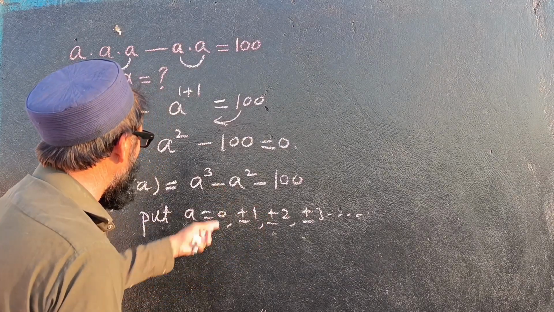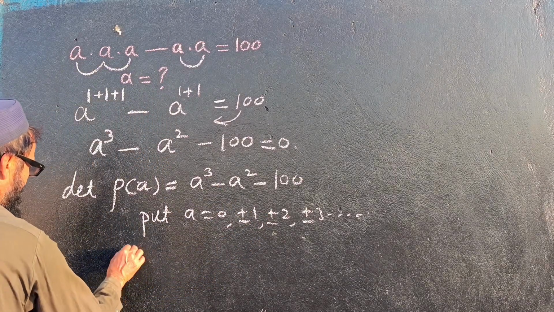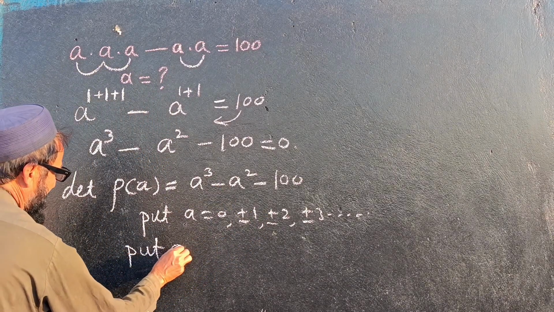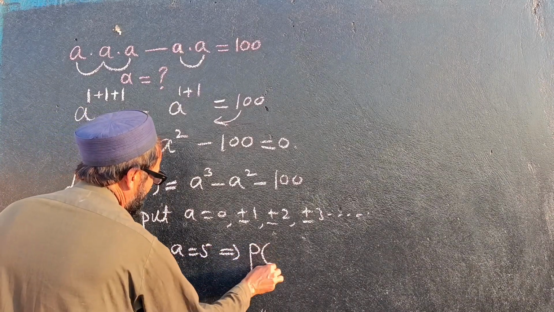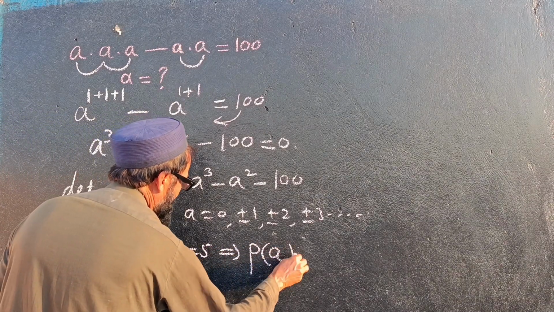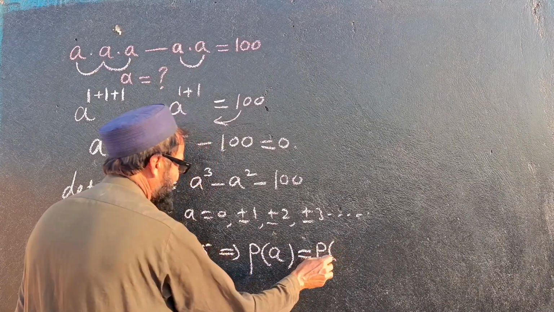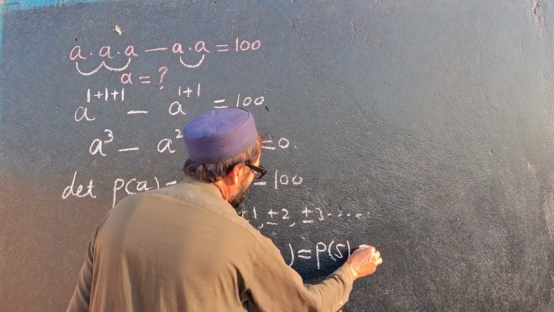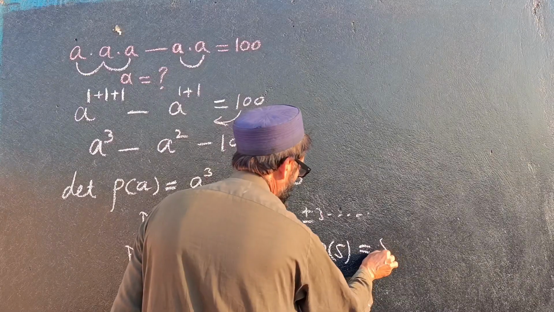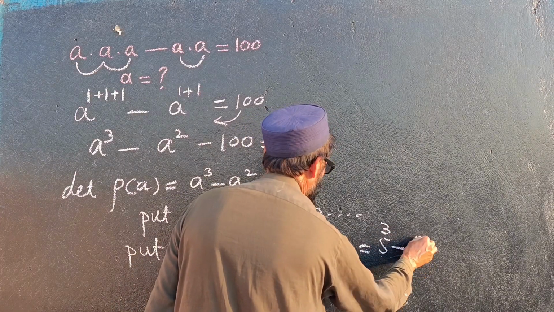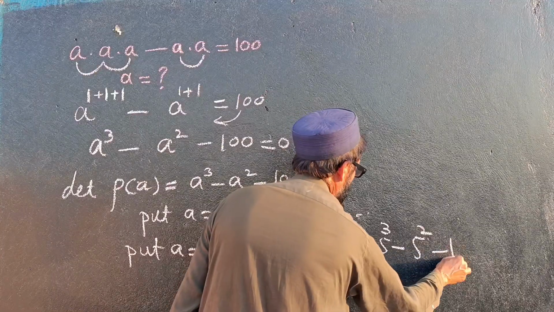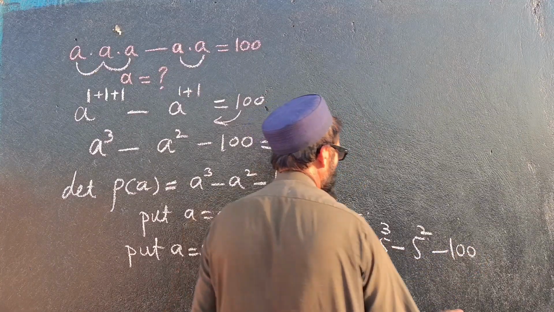So if we put directly by inspection a is equal to 5, we get P(5) equal to 5 cube minus 5 square minus 100 is equal to 0.